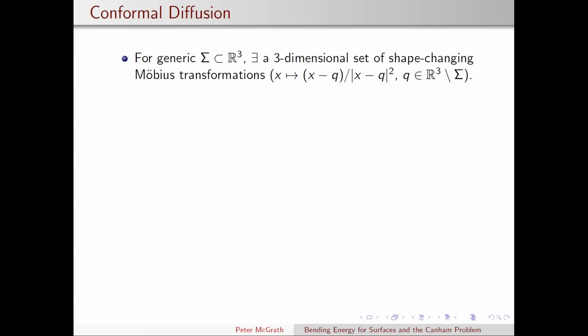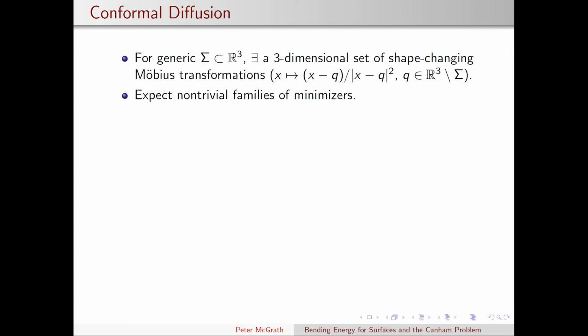Again, I have scaling invariance. I don't care if I rotate my surface or scale it bigger or smaller, that doesn't change the shape. So only the inversions really change the shape. And I have as many inversions as I have points basically in R3. So more or less, there's a 3-dimensional space of these inversions.